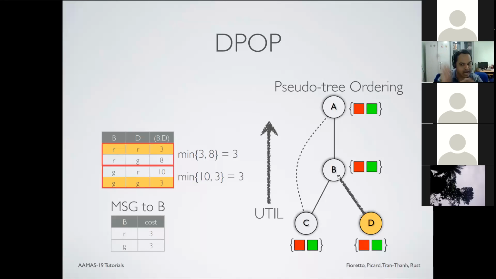Because if you choose red, I will choose red. If you choose green, I will choose green to get the minimum. So that is the negotiation between the two agents.